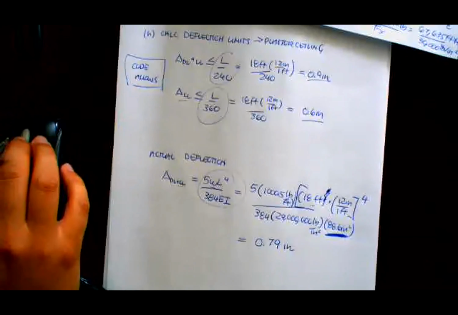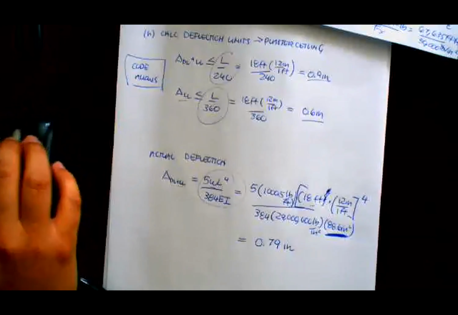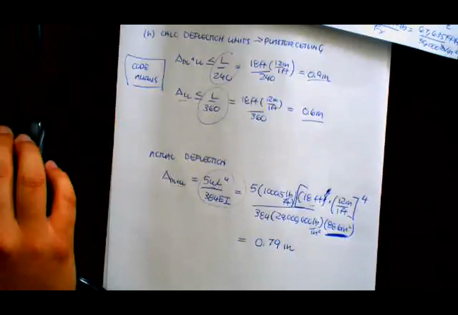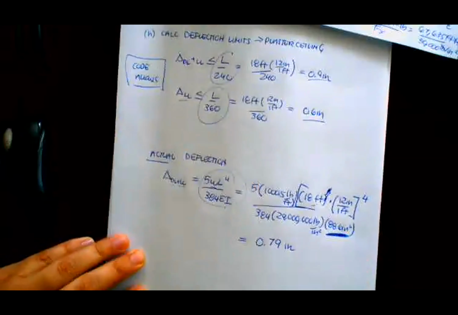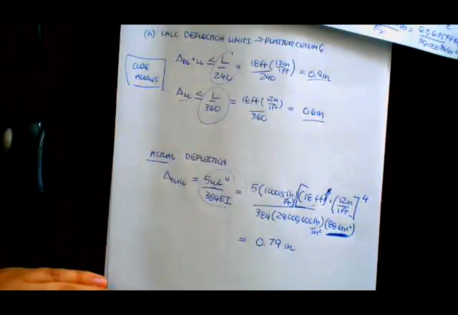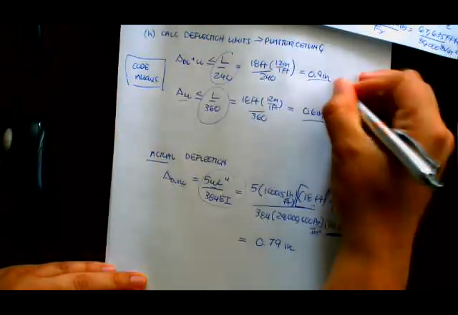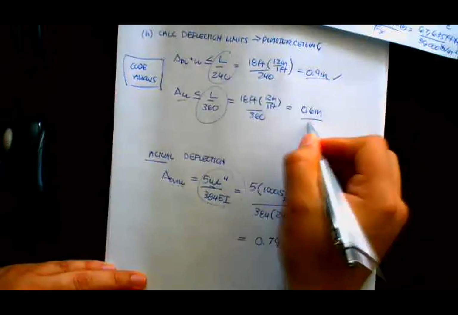The actual deflection is 0.79 inches, so what did the code allow? Oh, 0.9 inches. Exactly. Am I good? Yes. Okay, for this one I am, but I've got to check it against the other one.